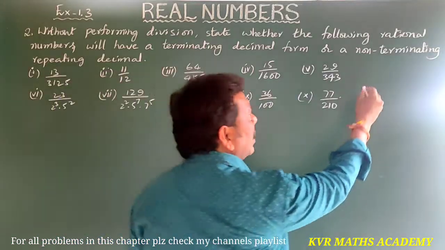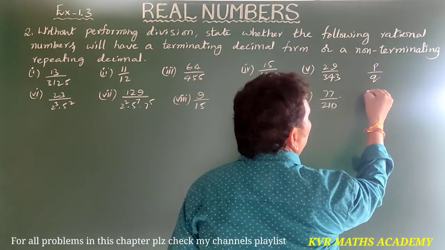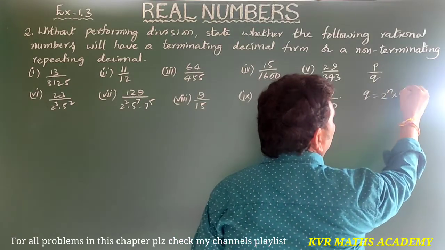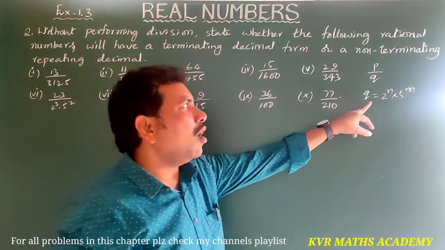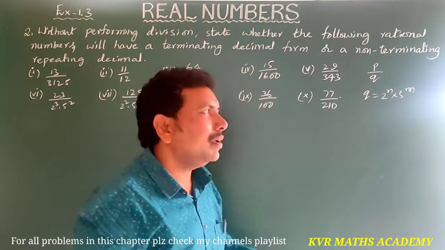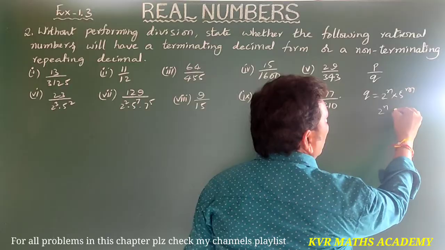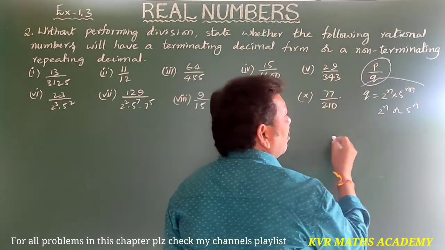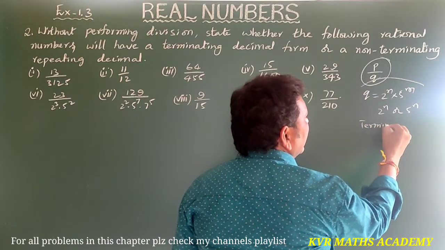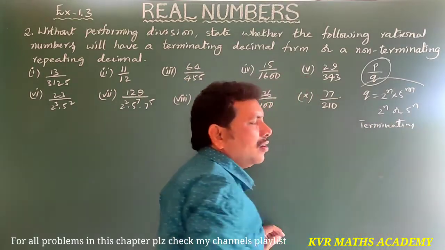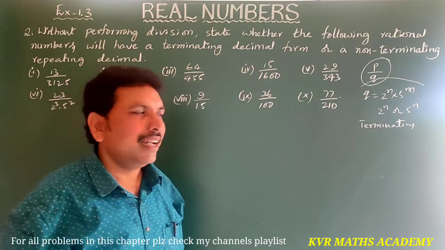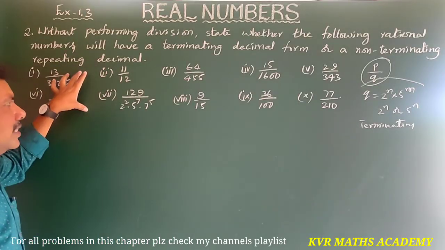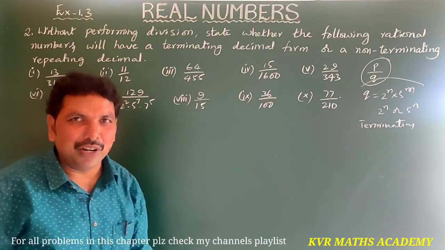So if the denominator q is in the form of 2 power n into 5 power m, or simply 2 power n, or simply 5 power n, then this rational number will be terminating, otherwise non-terminating. So using this principle, let us find whether each of these rational numbers is terminating or non-terminating.